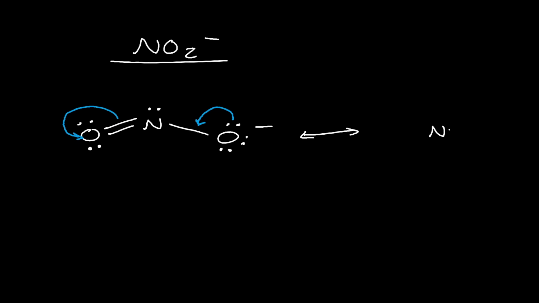We'll have our nitrogen in the middle, unchanged. Now we have a double bond over here, an oxygen, and only 2 lone pairs of electrons, making it neutral. And we have a single bond over here with an oxygen that has 3 lone pairs of electrons and a negative formal charge. And as you can see, it has the same formal charge as it started off with.